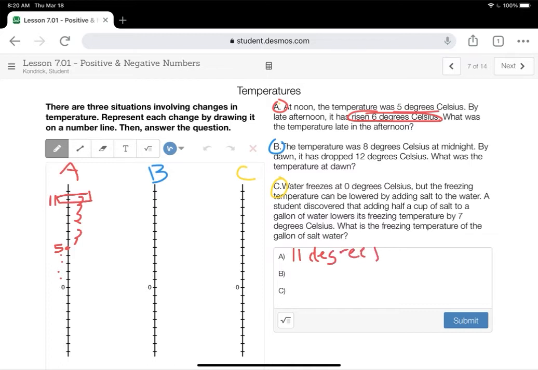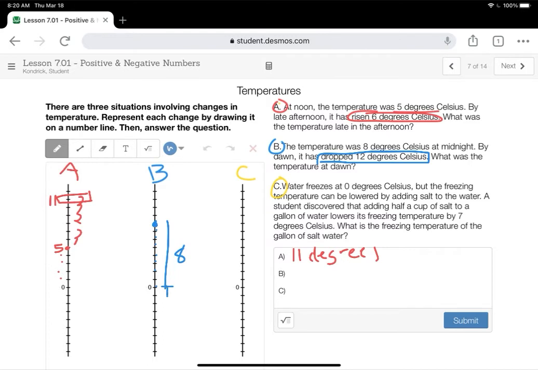For B, the temperature was at 8 degrees Celsius. So if I start at 0, I'm 1, 2, 3, 4, 5, 6, 7, 8. By dawn, it had dropped 12 degrees. So I'm going to go my 8 to get to 0, but I need to go all the way to 12.